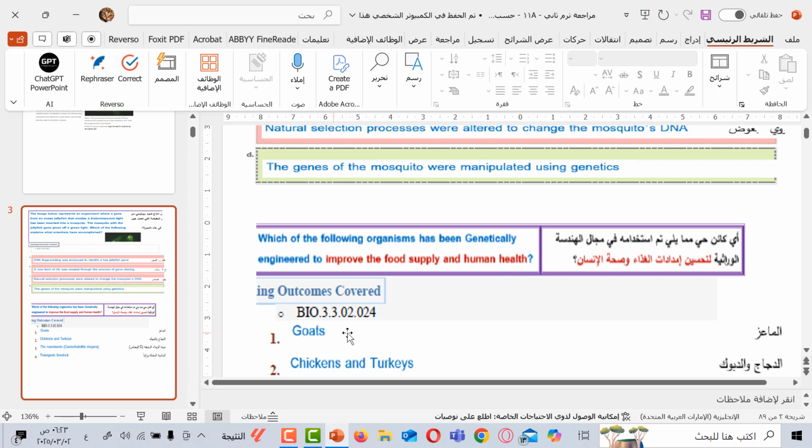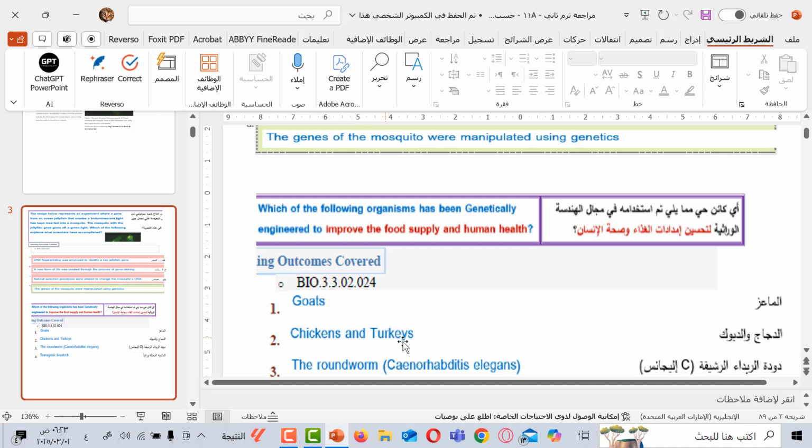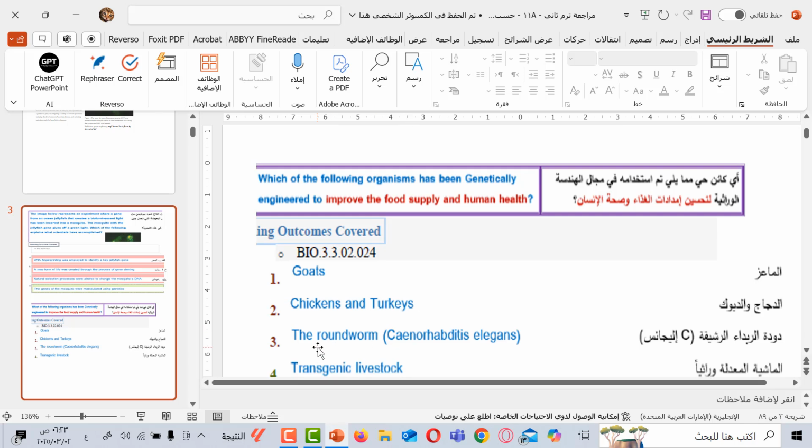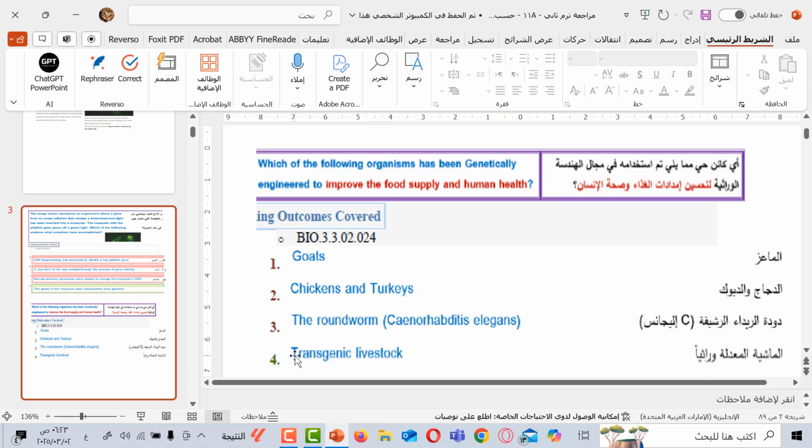Goats, maybe. Chickens and turkeys, maybe. The roundworm, maybe. But he tells us the last one, transgenic livestock. We will choose this one because it has a genetic engineering change.